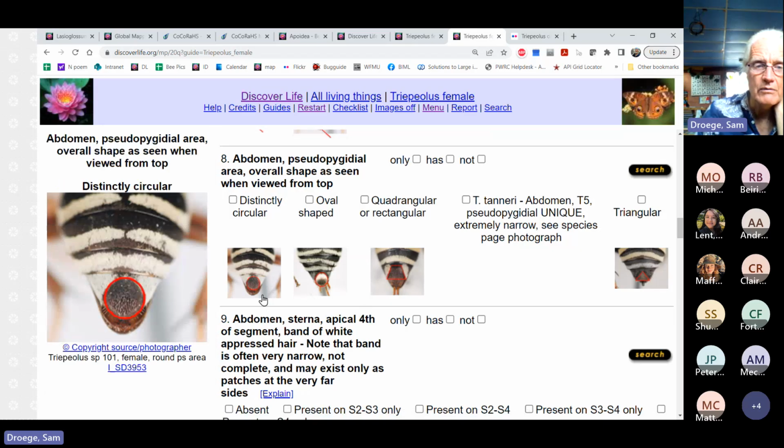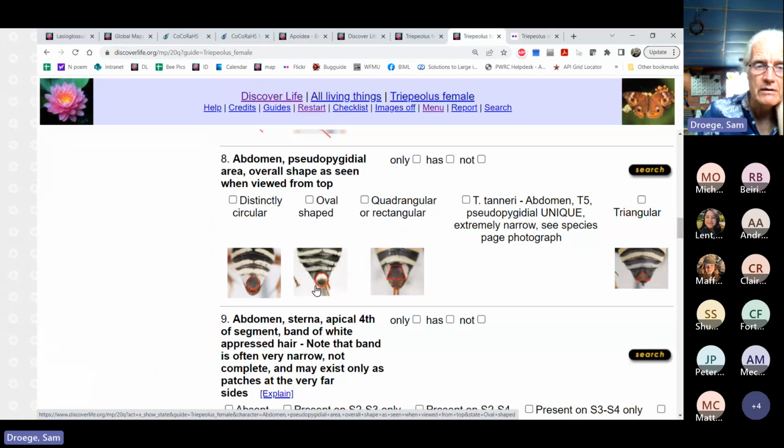So is the pseudopygidial area basically round? What you're looking at the very bottom here is the edge of the sternites. This is the edge of the tergites, and this is defining the pseudopygidial area, which is almost always just a dark spot in there, and it's round and shaped.